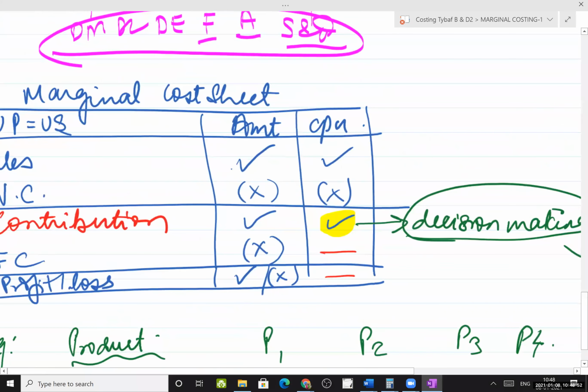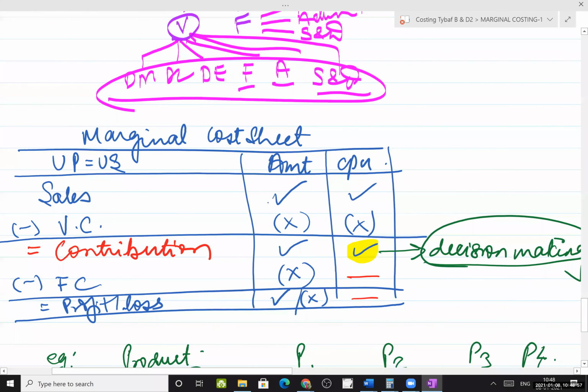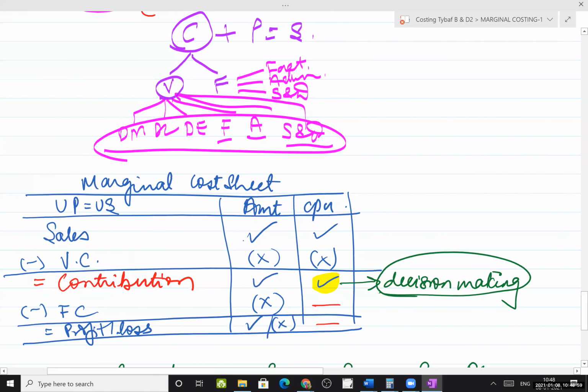Okay. So note down this. The format of cost sheet.